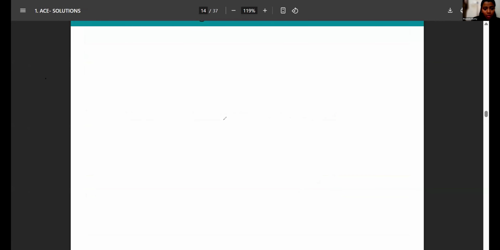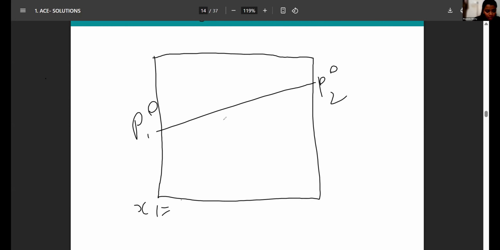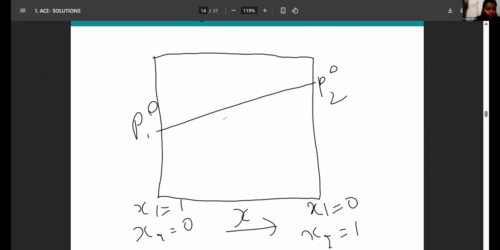We'll be plotting P1 versus P2, like this, with P1 naught, P2 naught. Then you have X1, X2. Here it is mole fraction, and here it is vapor pressure, Raoult's law.